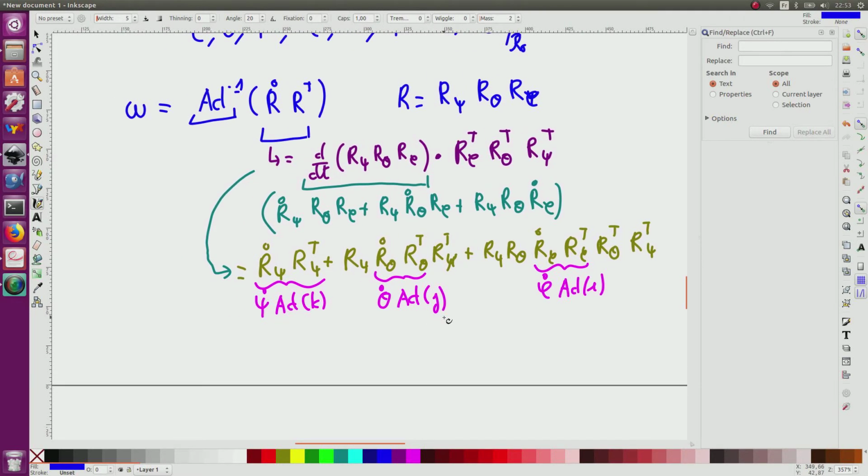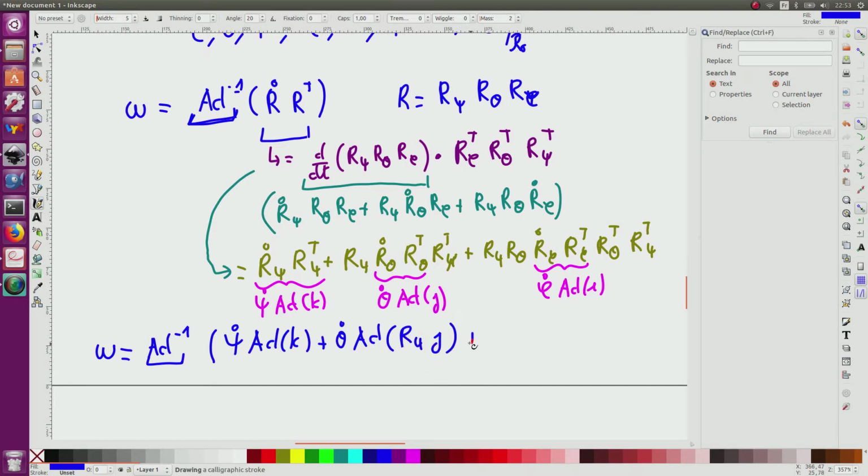So it means that omega, which is here, is equal to adjoint minus 1, this one corresponds to this one, multiplied by psi dot adjoint of k plus theta dot adjoint of R psi j plus phi dot adjoint of R psi R theta i.